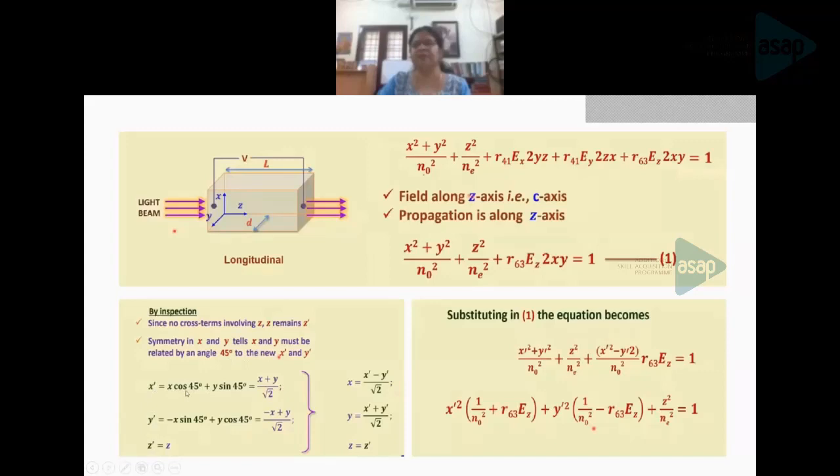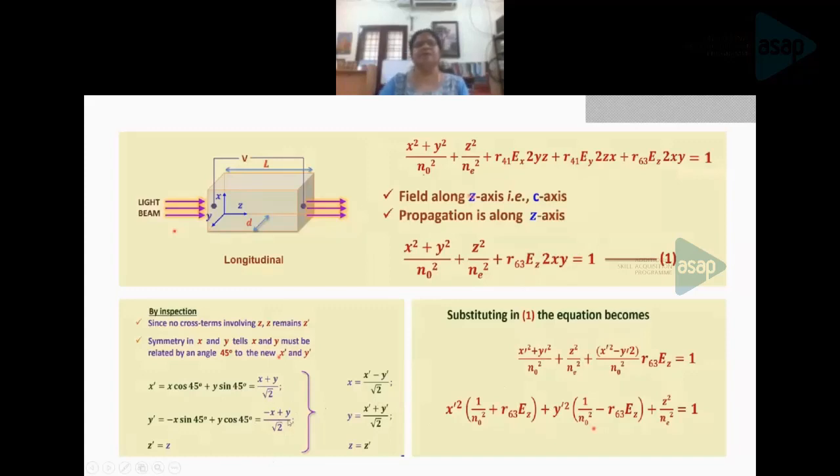X prime equal to X cos 45 plus Y sin 45. Y prime is minus X sin 45 plus Y cos 45. Which is equal to (X plus Y) by root 2, and (minus X plus Y) by root 2. And there is no change for the Z axis because here you cannot see any crossover term in Z. Okay.